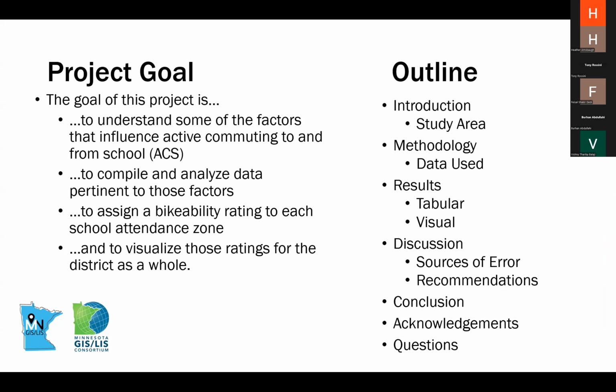So we'll start by introducing the study area and talk about the methodology with a particular focus on the data that was used. We'll look at some results first in tabular form and then as a map display. In our discussion, we'll cover some sources of error as well as some recommendations for future research, and we'll wrap up with a conclusion and acknowledgements and a time for questions.